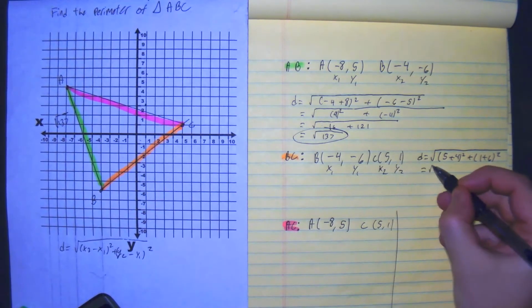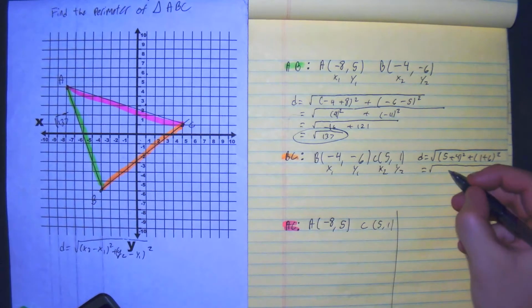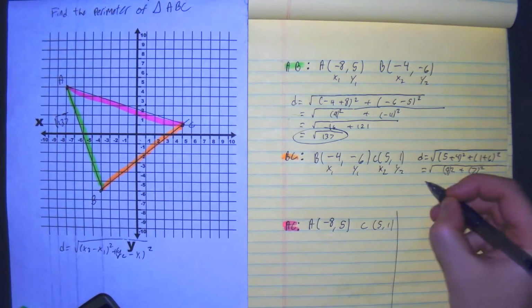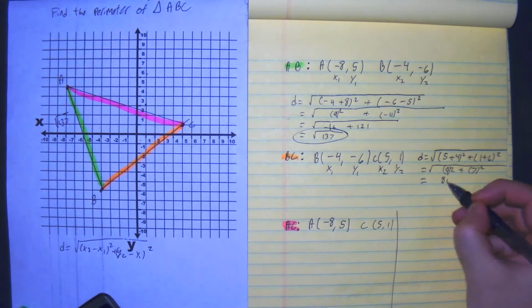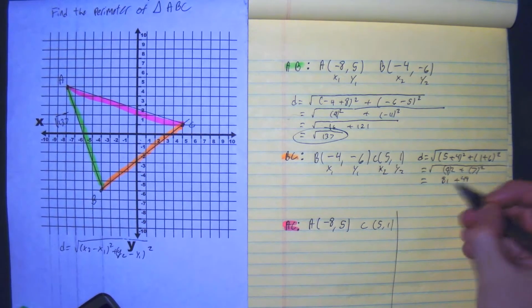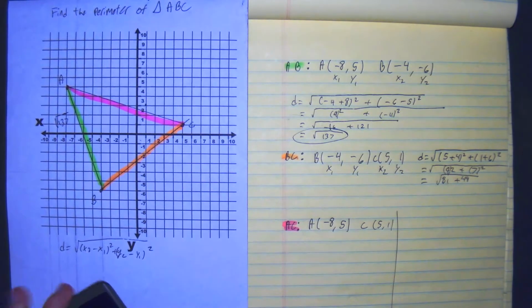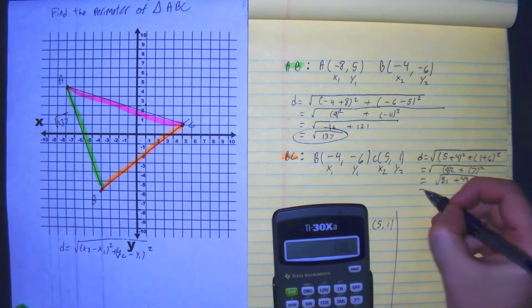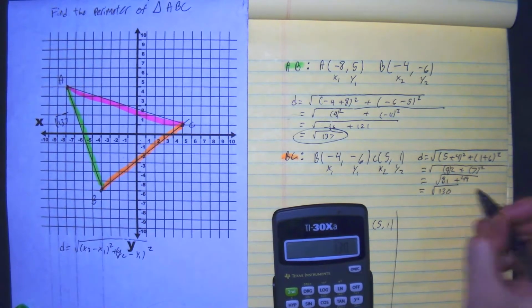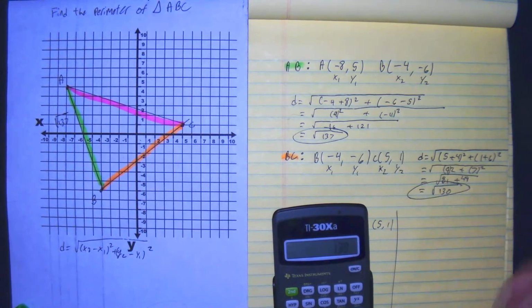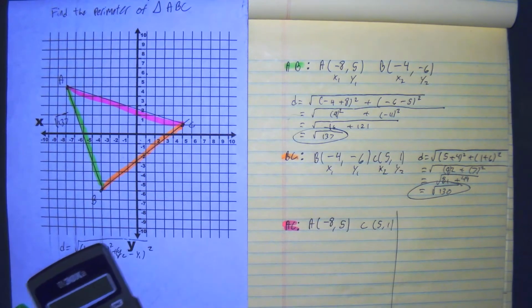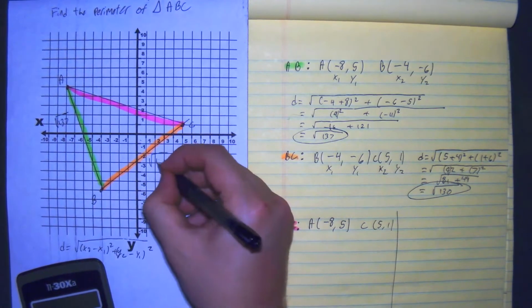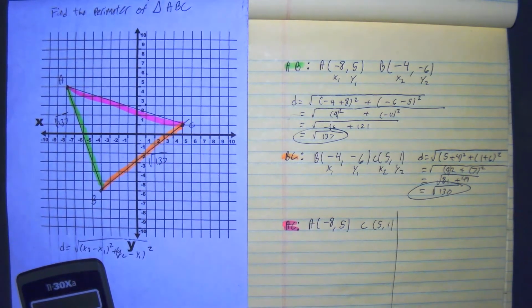Right here you get the square root of 9 squared plus 7 squared, which is 81 plus 49. 81 plus 49 is equal to the square root of 130. We could simplify that, but let's just keep it as square root 130 right now, just like what we did for the 137. So right here, 130, sorry.